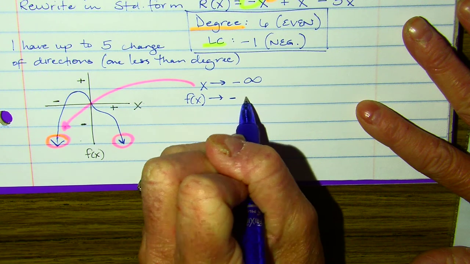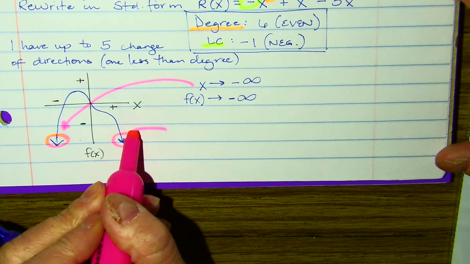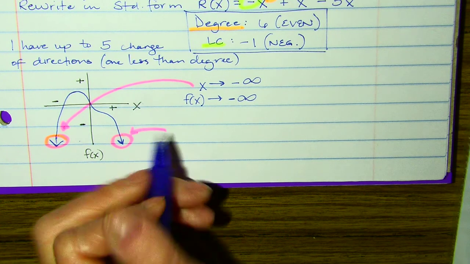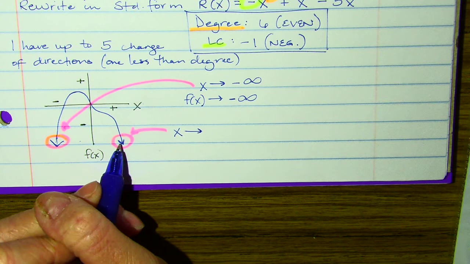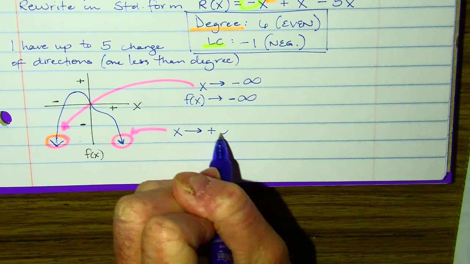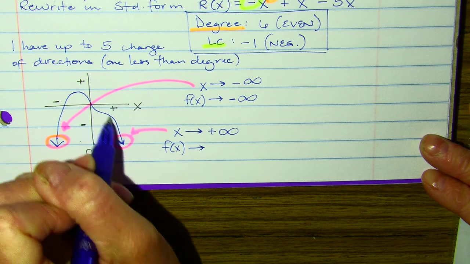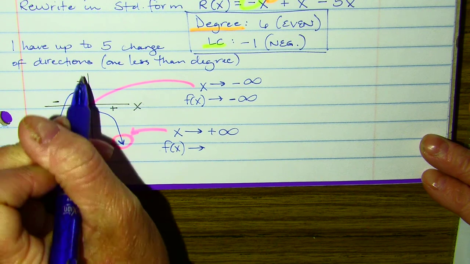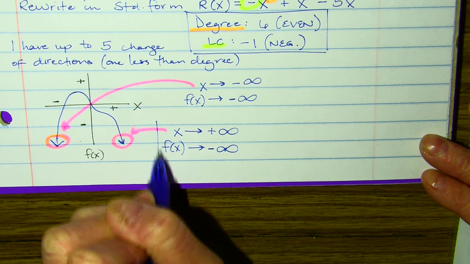These are both negative. Now if I'm talking about this end, x is approaching, I'm now on the right-hand side of my graph, and x is positive on the right-hand side. F of x is approaching, I'm pointing down below, and on the f of x scale, those numbers are negative, so negative infinity.